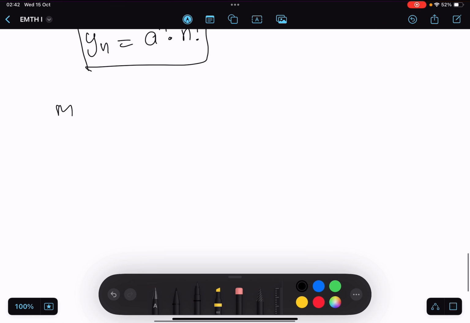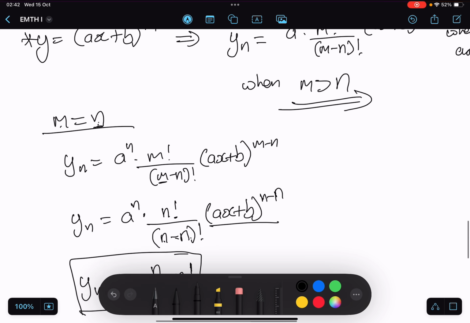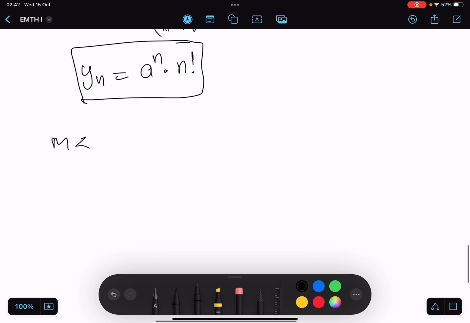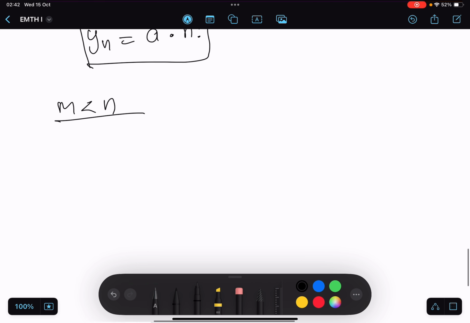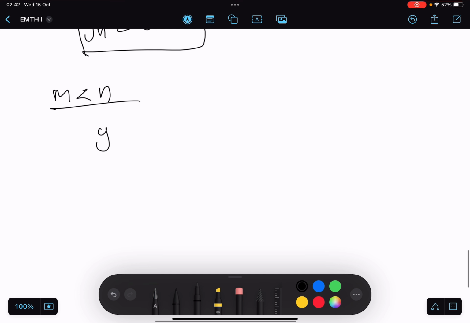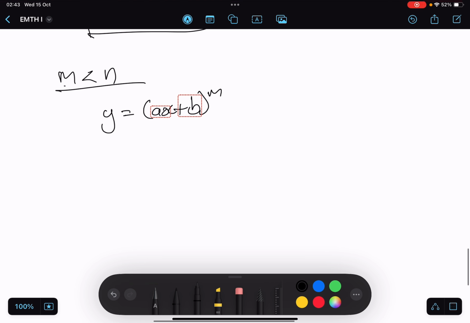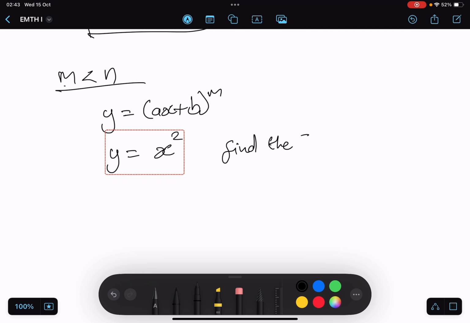What about when m is less than n? If you are given y, you still have (ax plus b) to the power m, but now m is less than n. A typical example of this: if you have y is equal to x squared, and I'm saying find the fifth derivative.